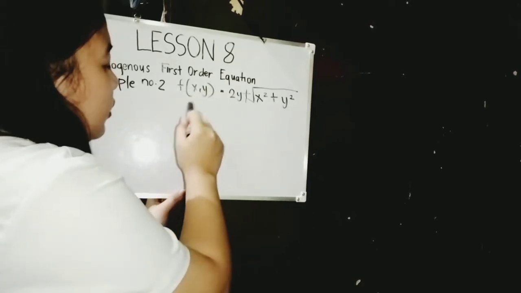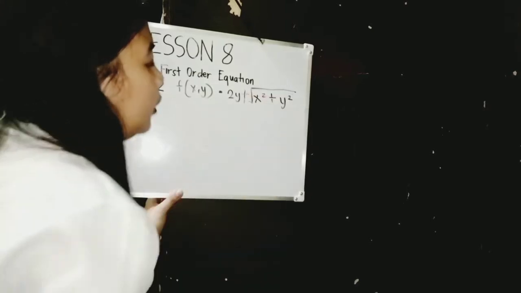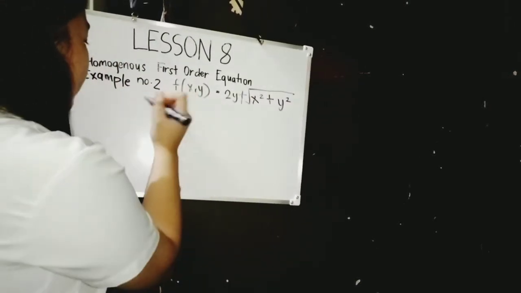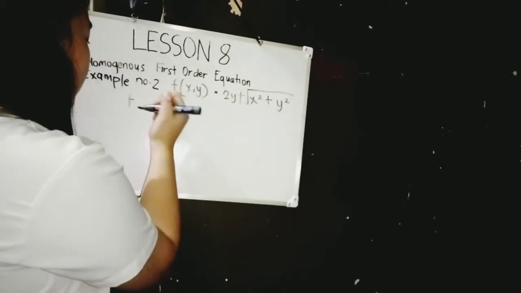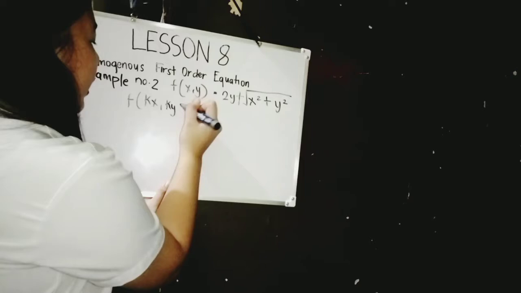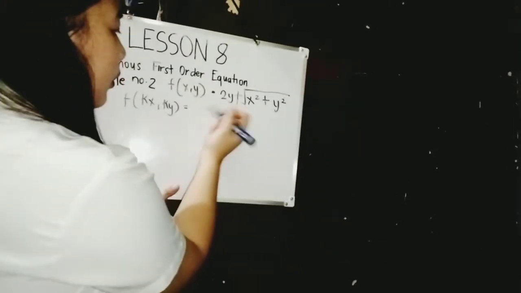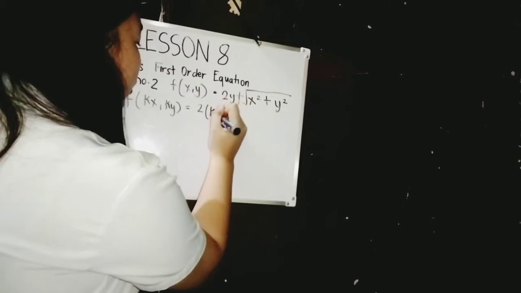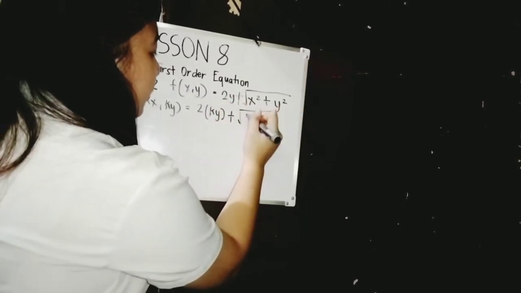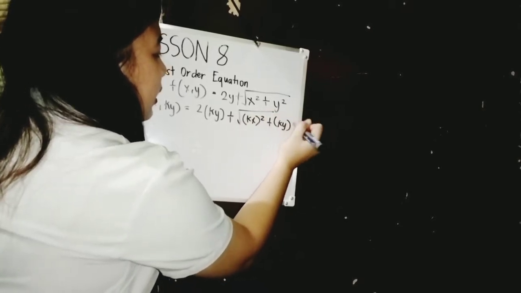Sample number 2. f quantity xy is equal to 2y plus square root of x squared plus y squared. So, katulad lang din ng kanina, yung x magiging kx and yung y magiging ky. So, isa-substitute lang natin sila ulit. At yung equation magiging 2ky plus square root of kx squared plus ky squared.